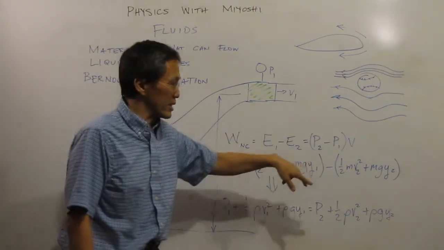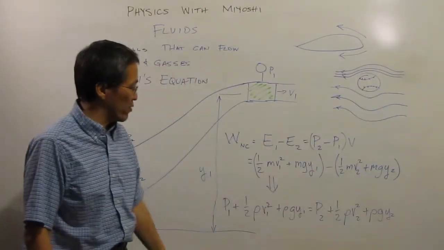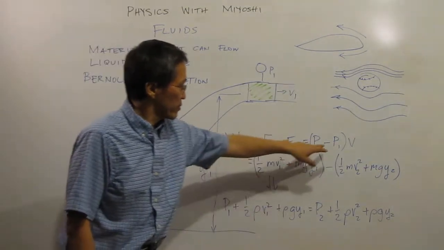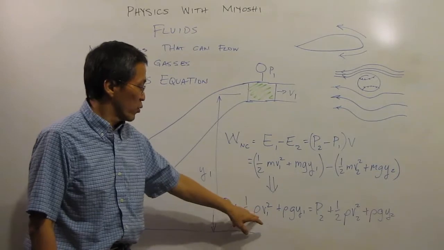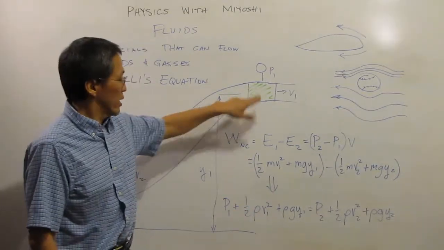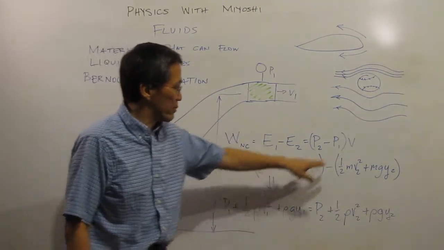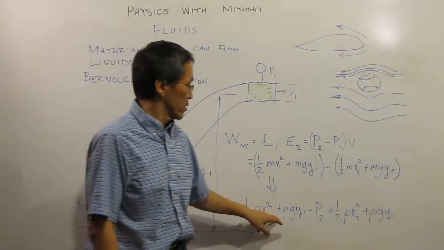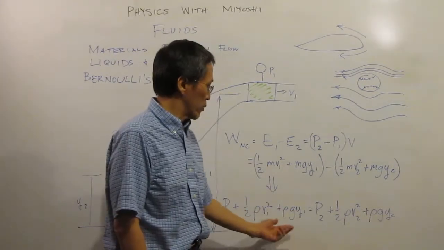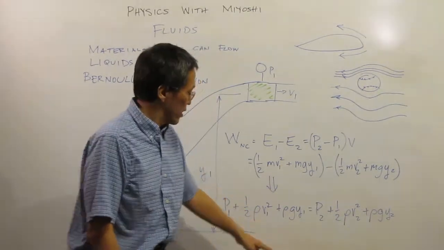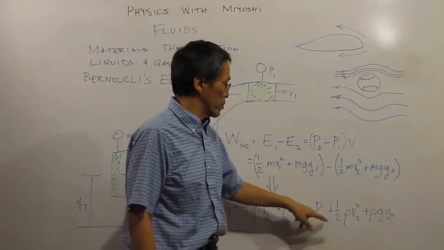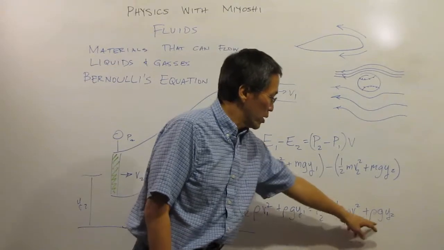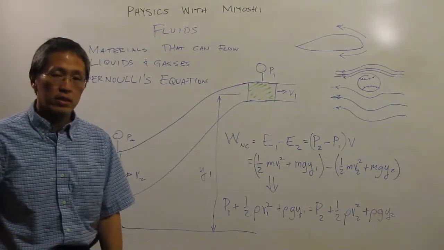If I do some manipulation and get rid of the volume V, I can see that now I have the pressure P1 plus 1/2 rho V1 squared. Notice that would be rho times the volume if I kept the volume in there, but I got rid of that. Plus rho g y1, which is the density times gravity times the height at 1, equals my pressure at 2 plus 1/2 rho V2 squared plus rho g y2.